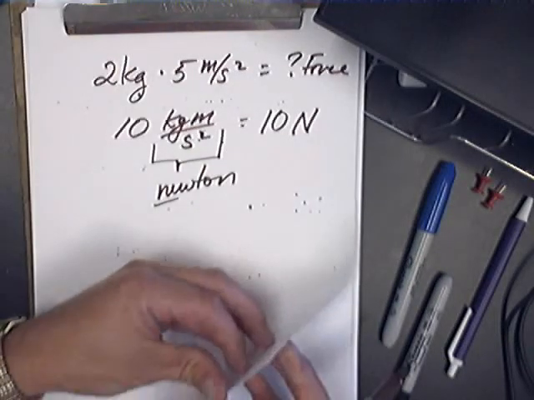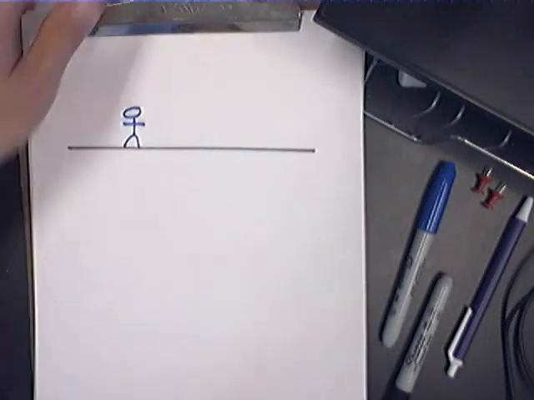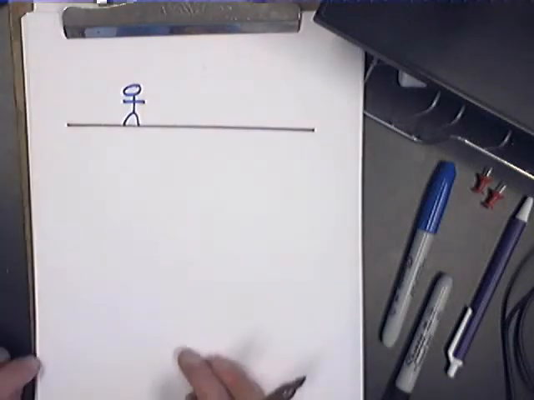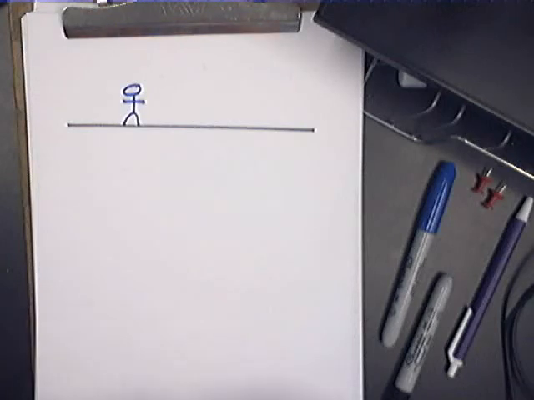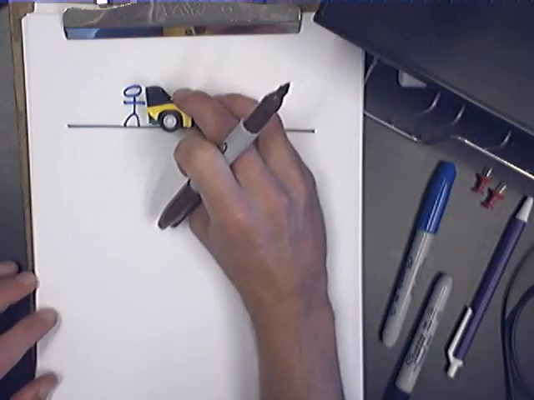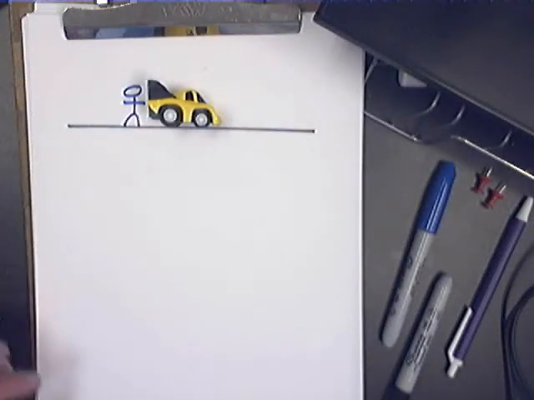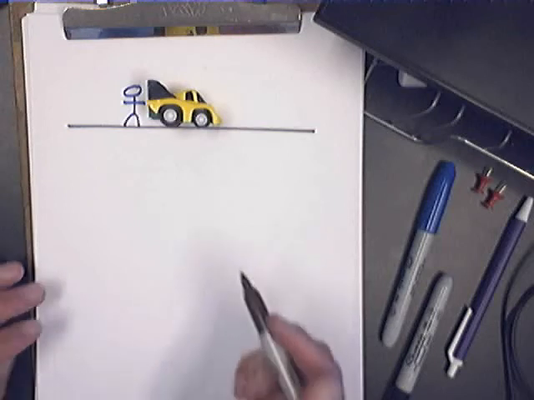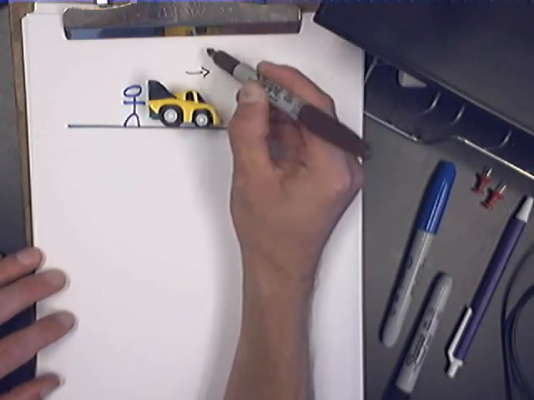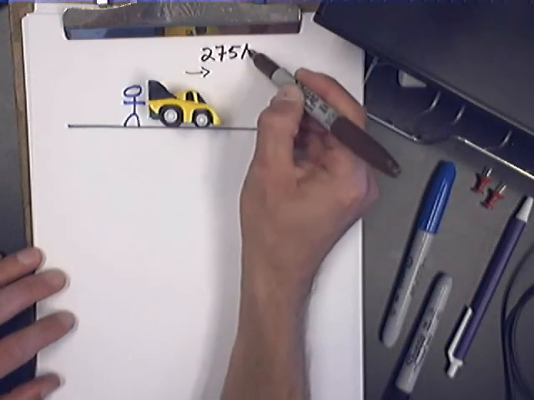Let's take a look at a car. Here's you. Here's your car that's now broken down, and you have to give it a push. So you're going to push it with 275 newtons of force.